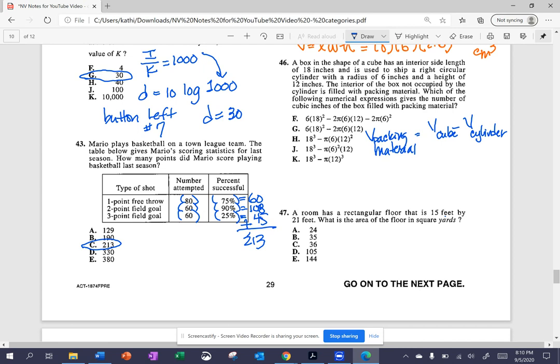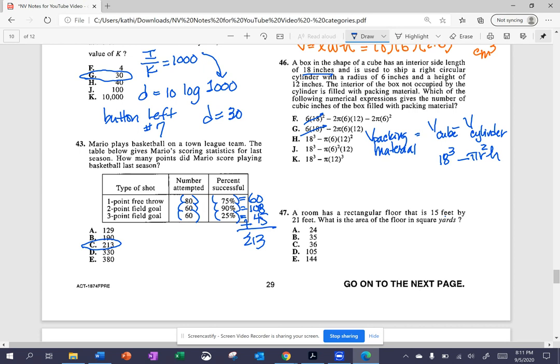Okay, so the volume of a cube, my side is 18 inches. So this is going to be 18 cubed minus the volume of a cylinder, which is pi r squared times h.